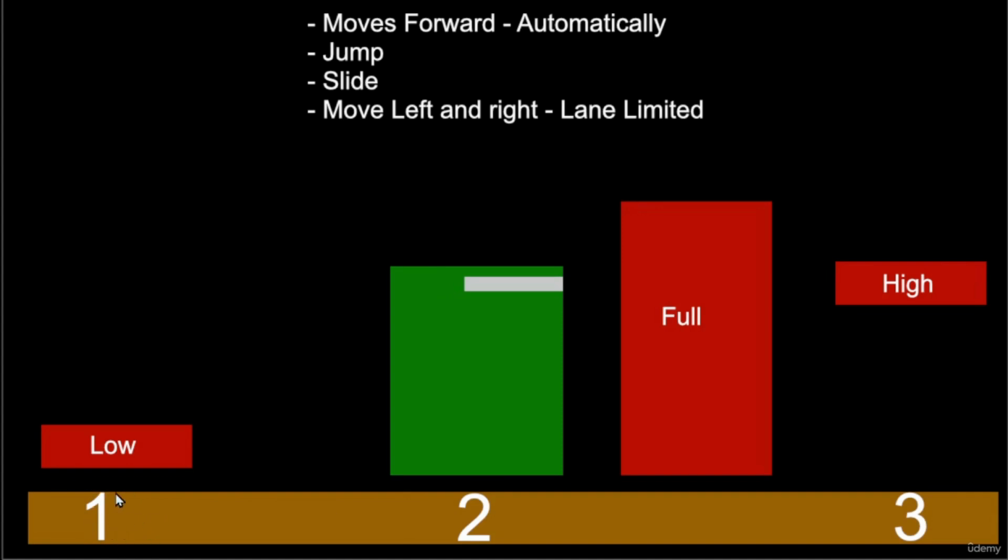Now at 1, any inputs won't affect it if it's trying to move to the left. However, if you move to the right, you will be allowed. Then if you try to move to the right again, as before, we will add 1, which is going to make it 3. And then at this point, we shall stop the player from moving to the right. All right, that's the general theory. Let's put it into practice.